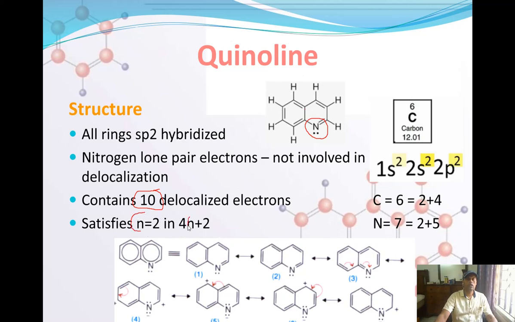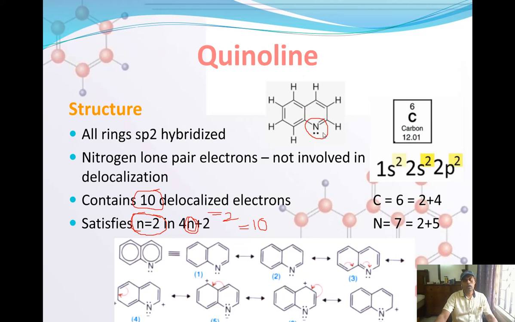we can put 2 for n, and when you do that, you will get a total of 10. So it satisfies the Huckel rule, 4n plus 2, where n is equal to 2. That's why we can call quinoline an aromatic compound.